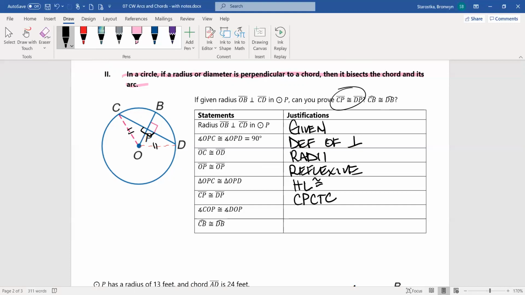Now, can we prove CB is congruent to DB? Well, in order to prove that those arcs are congruent, we need central angles to be congruent. And is it true now that we know these two angles up here are also congruent by CPCTC?